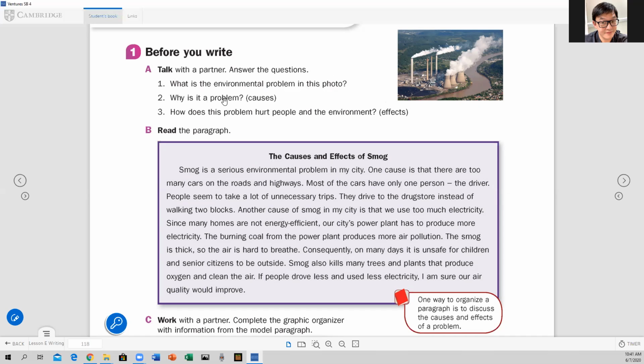Can you tell me the causes? Why is this a problem? And number 3, how does this problem hurt people and the environment? Why or how does this problem hurt people and the environment? Now we are talking about the effects. Okay?